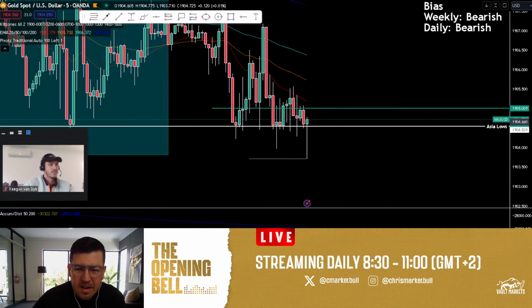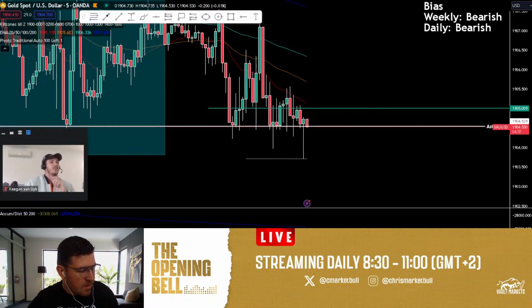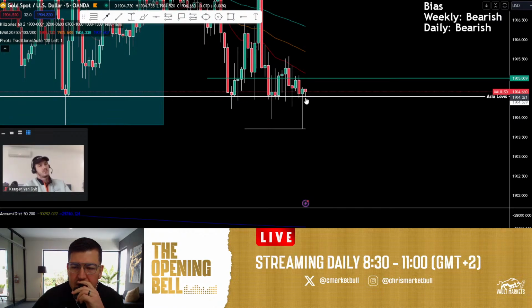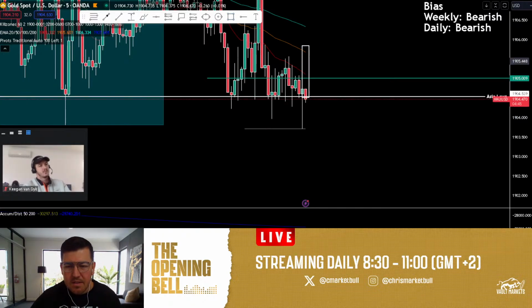Nice. All you want to see now is gold getting above 1905, and then it can potentially run. Nice little retest of the Asia lows, and if this next 5 minute can do something like this, I think you don't even need ASAP Rocky.